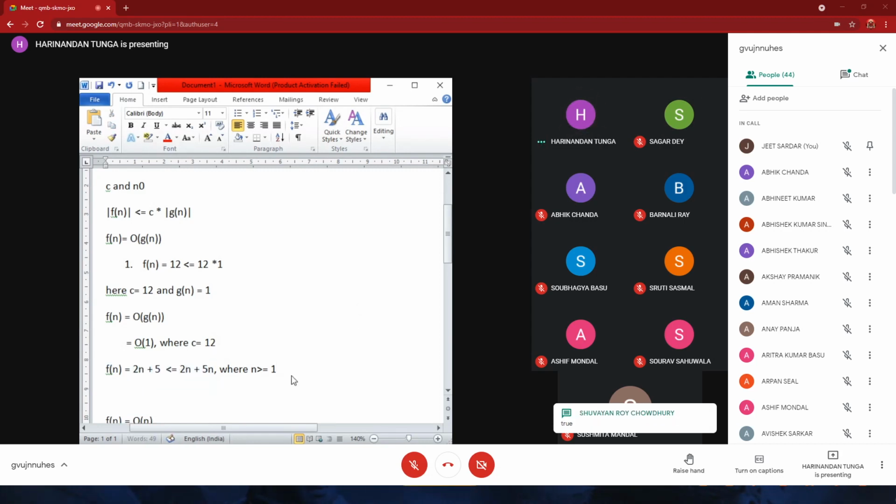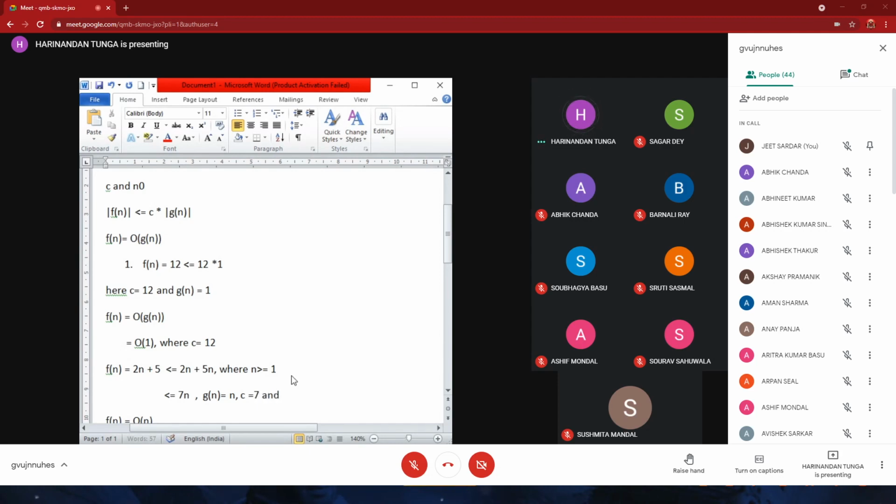Then it is less than or equal to 7n. Now just to compare, mod of f(n) less than or equal to c into g(n). So what is the value of c? In this relation, say g(n) equal to n and c equal to 7.